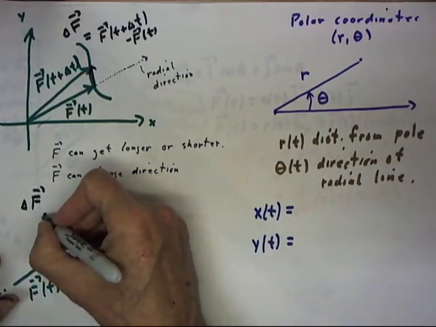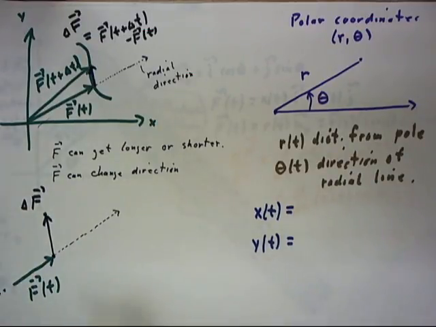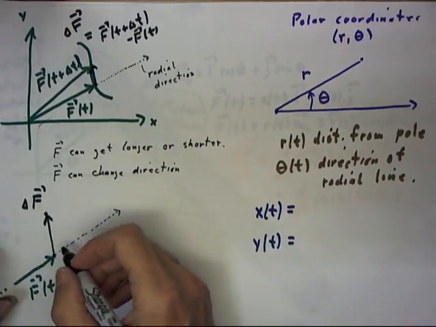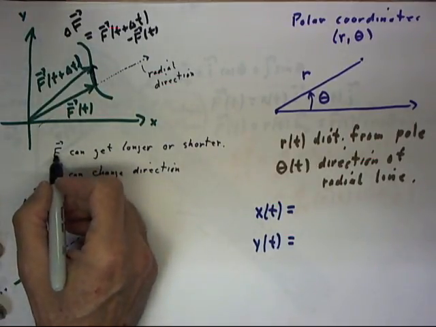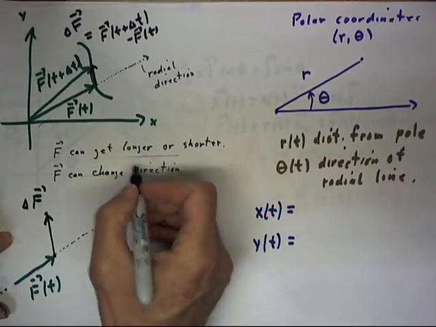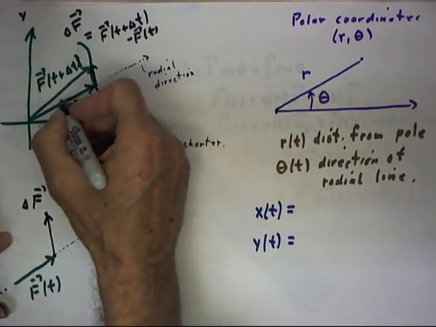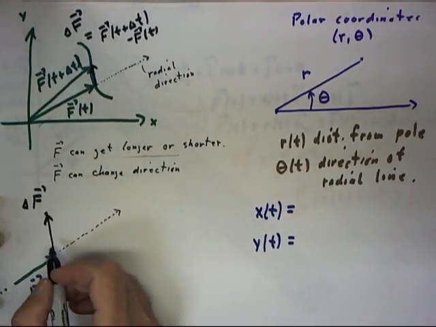The change in the position in our xy plane is the vector delta f. Now typically the f vector can get longer or shorter, and it can change direction, as we've seen. And in the case we have here, we see that the f vector gets longer between these 2 points.